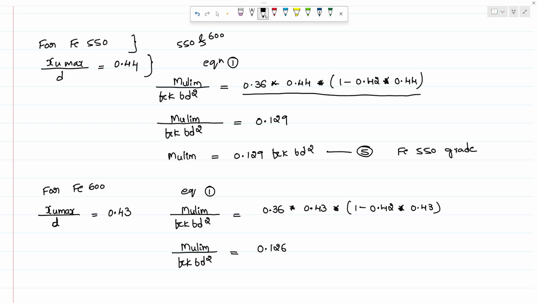Later it can be written as mu limit equals 0.126 FCK BD square. So this is equation number 6. So this is for FE 600 grade.